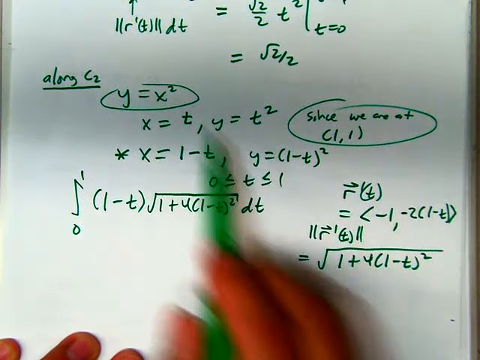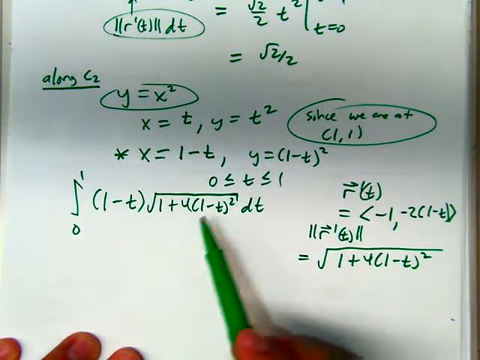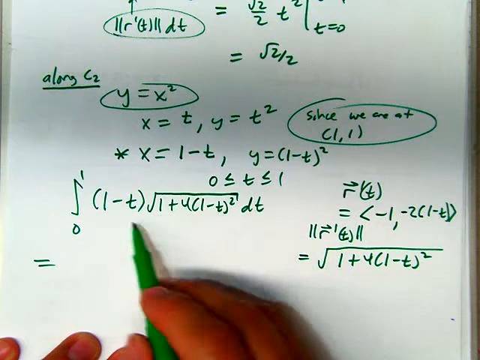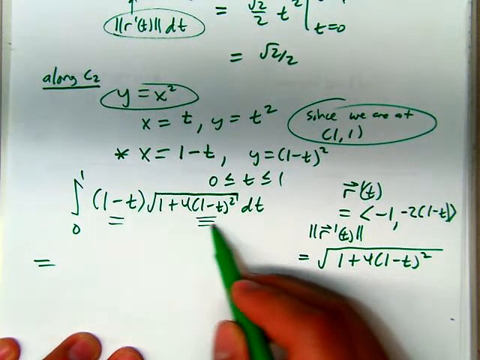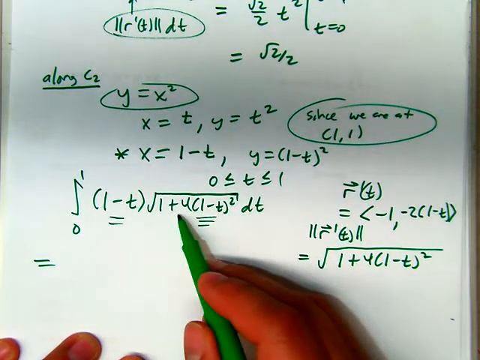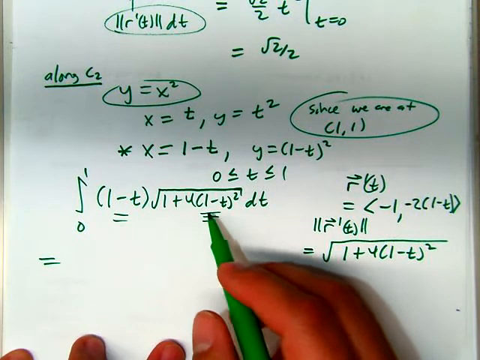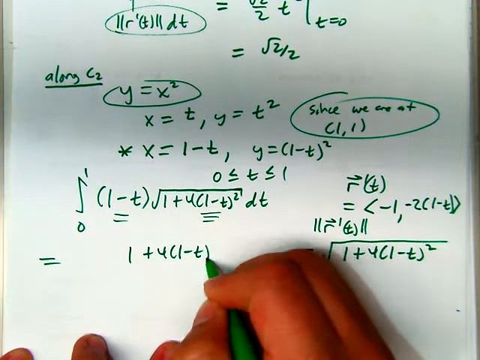So all I'm doing is using magnitude of r prime dt in the formula here, and now we're going to integrate this. So it's kind of a tricky integral, but this 1 minus t is actually part of this square root, so we can think of what's inside of the square root as u. And anyway, it'll be 1 plus 4 times 1 minus t squared.